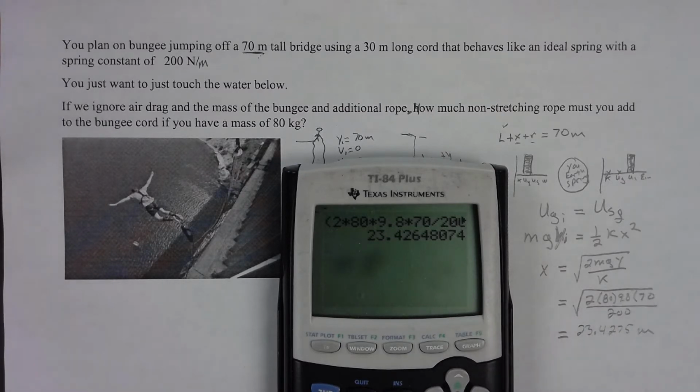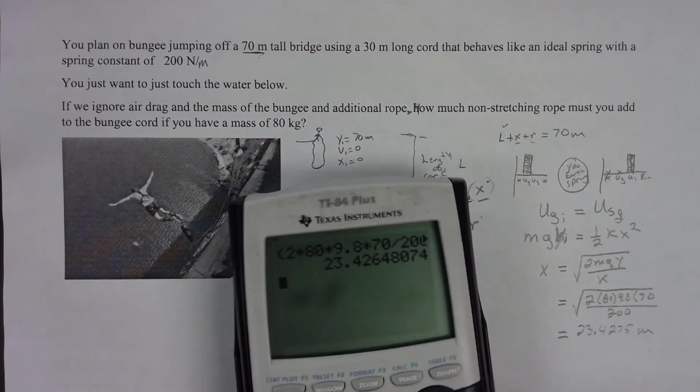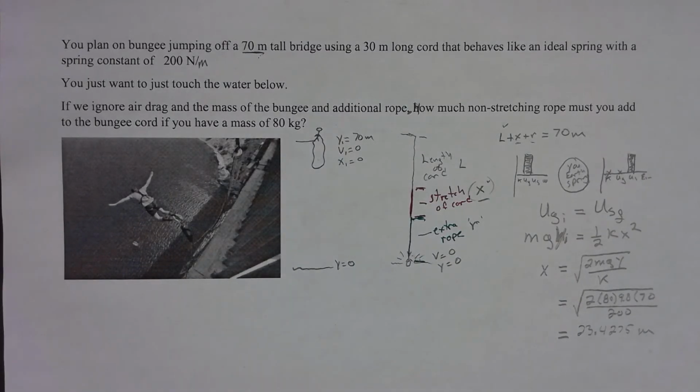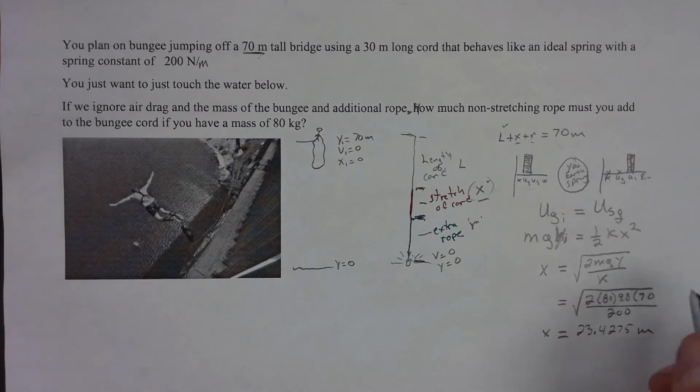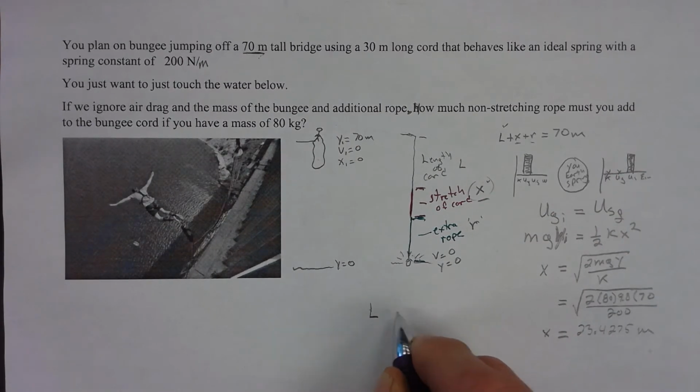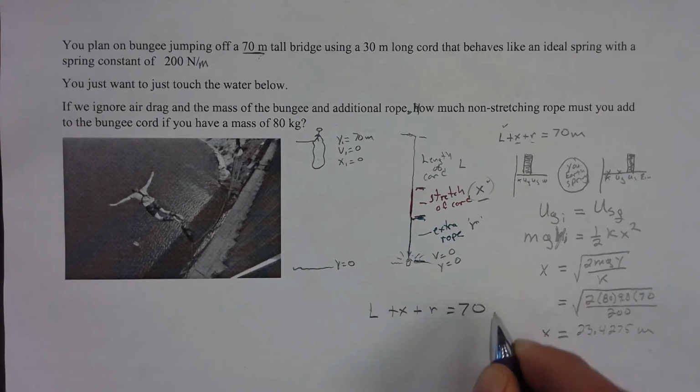That's more significant digits than I actually have in the problem. I've got like 1 in the problem, but I'm going to carry it out because that's not my final answer. That's x.